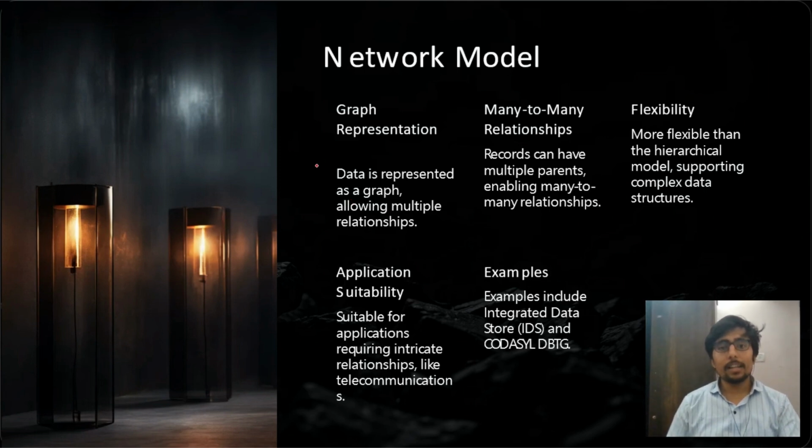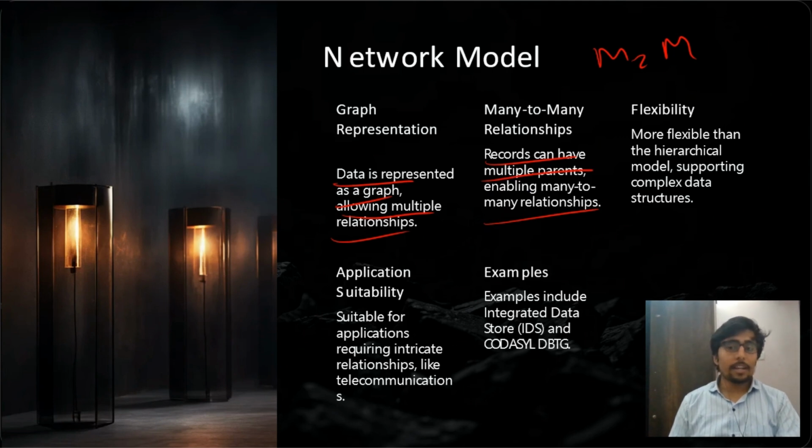As you can see, data is represented as a graph following multiple relationships, many to many relationships in the network model. Records can have multiple parents, as I mentioned, enabling many to many relationships. So one child can have more than one parent in the network data model. So the network data model solves many drawbacks of the hierarchical model.